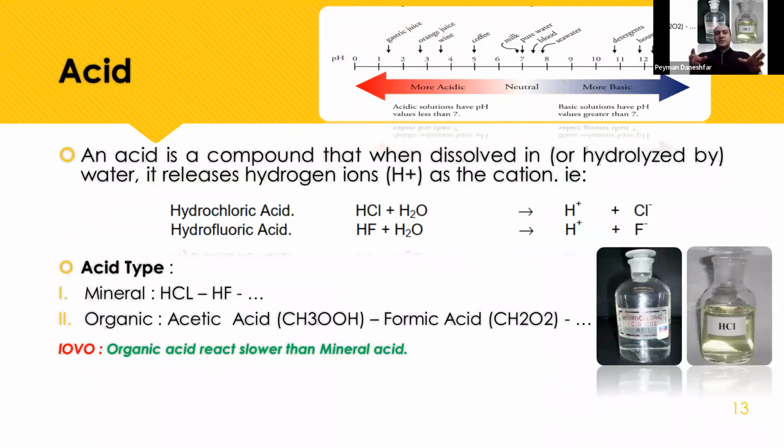What is an acid? An acid is a compound that, when dissolved in water, releases hydrogen. You know, maybe you think to yourself why I want to explain some cheaper or easier slides, because you should know about the elements or parameters about the acid in acidizing.